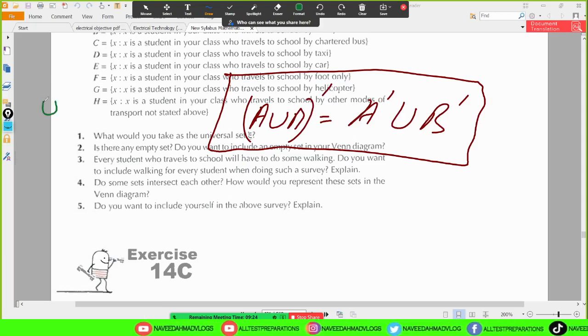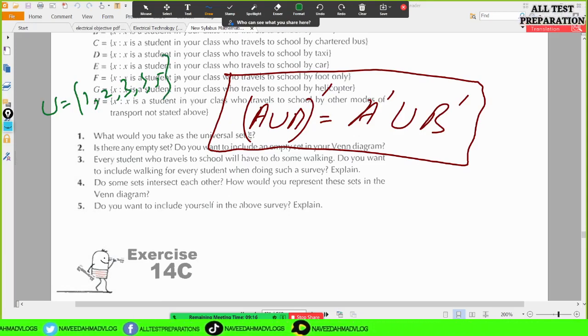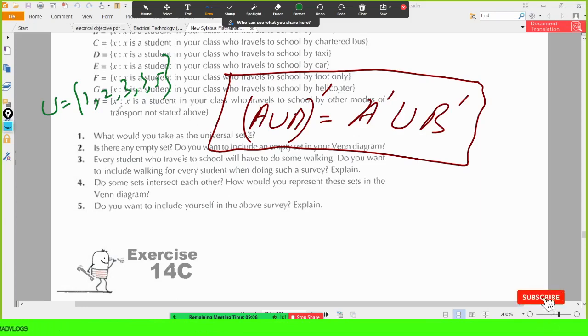Okay, let's suppose my universal set is 1 2 3 4 5. Close करते हैं, button हो गया. Okay, so if your universal set is 1 2 3 4 5, and let's suppose A set that is 1 2 3, and B set is, let's suppose, that is 3 4 5.